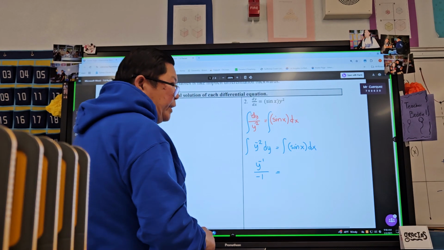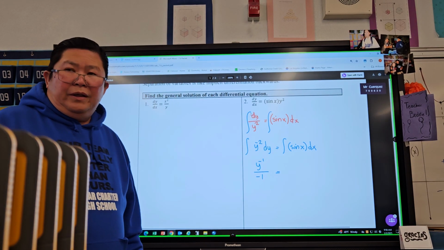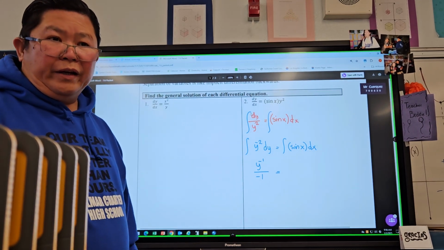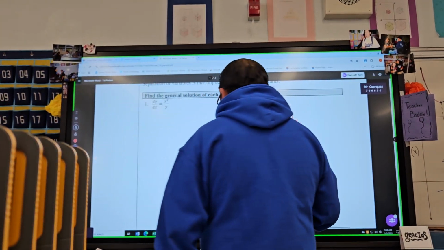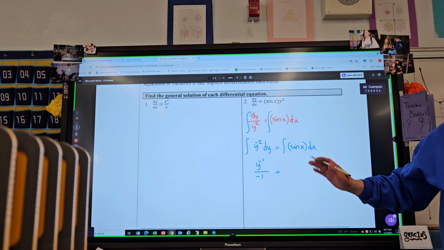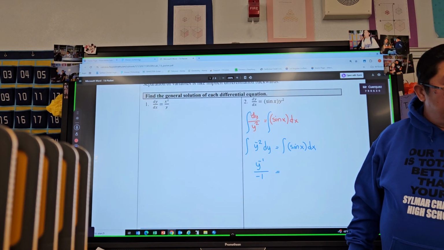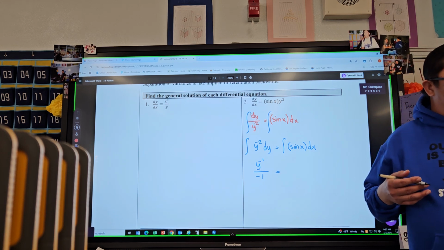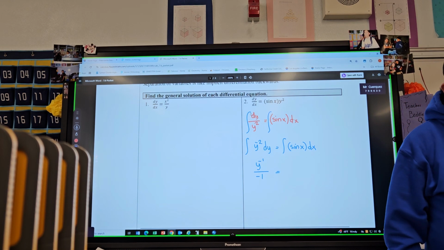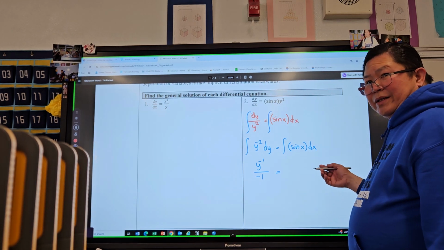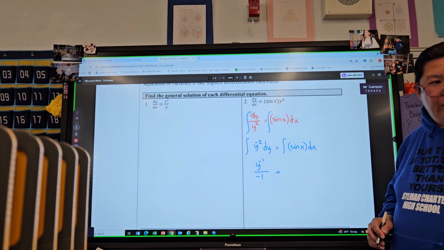And then what is the antiderivative of sine? It's going to be negative cosine, right? So in this case, as I said a while ago, for the sake of discussion, I'll do constant 1, constant 2. But for us to make it fast, we don't have to show that one. We can just have plus constant on the left side, right side.